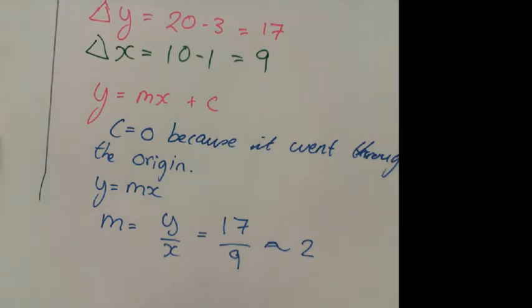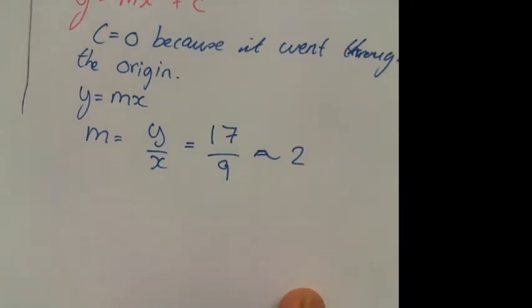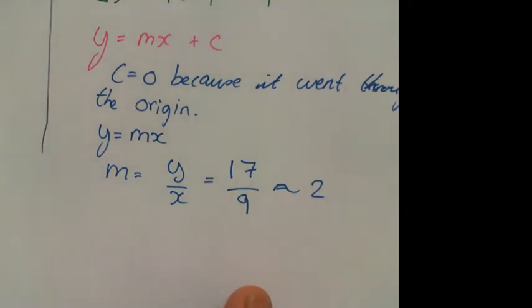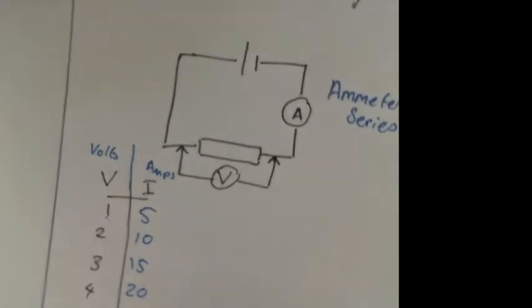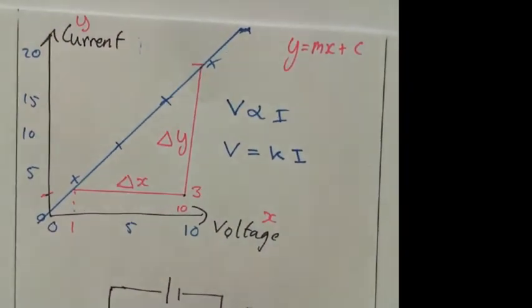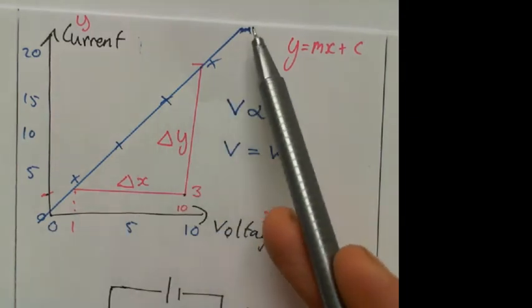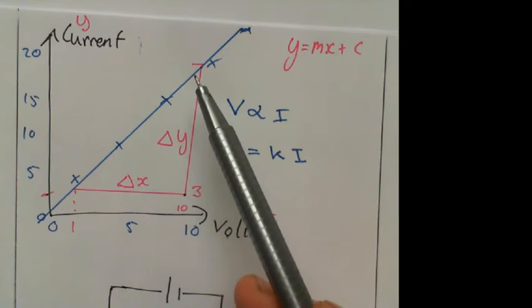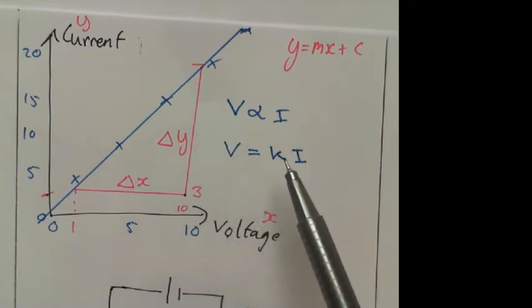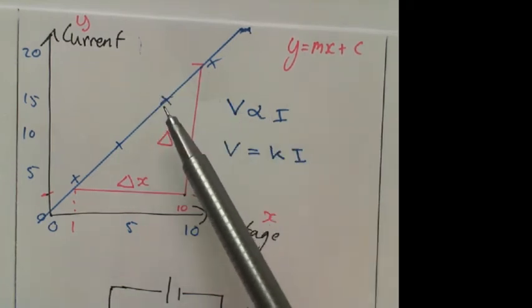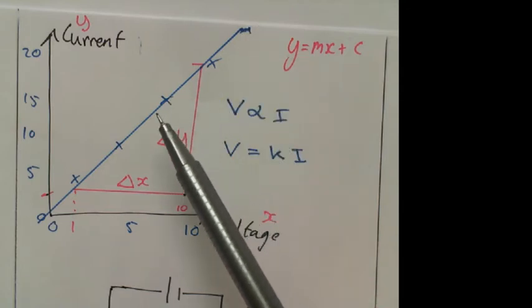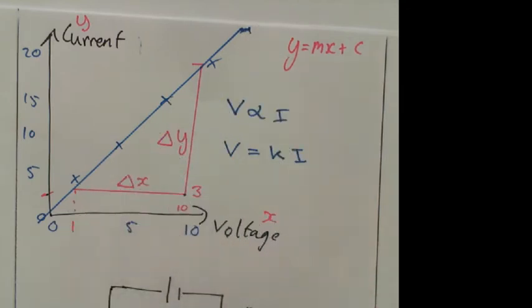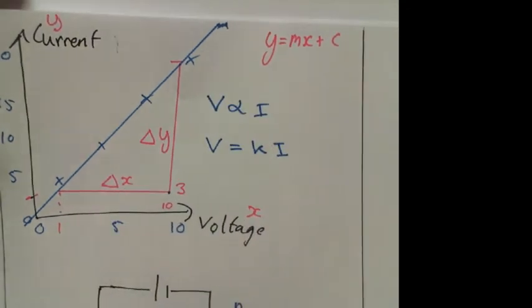And what I can then do with that is a very clever chap called Ohm discovered something called Ohm's law, and he noticed that if you got a nice straight line like this, it meant that the gradient's not changing, which means that your constant isn't changing. Okay? And if your gradient's not changing, then what it's telling you is that the resistance of the component isn't changing.